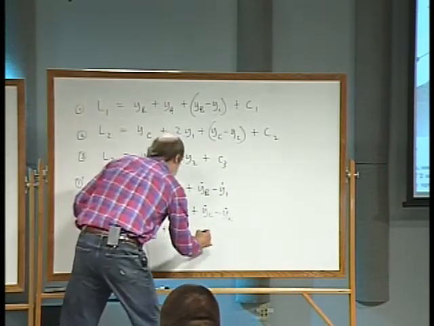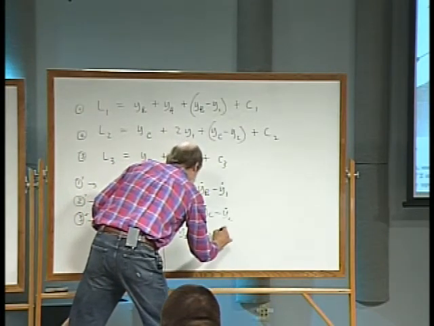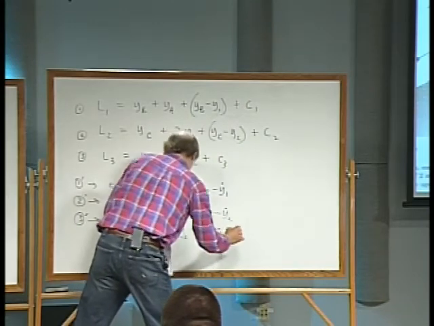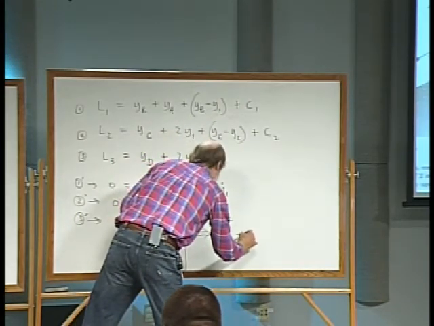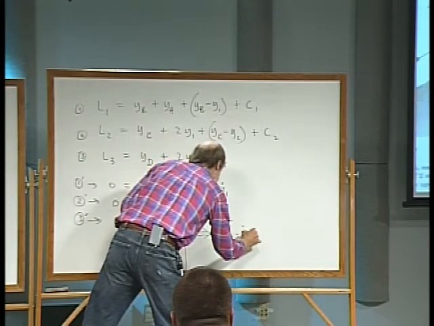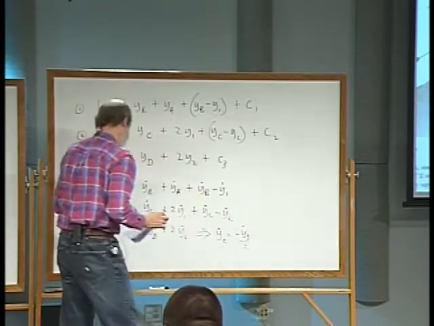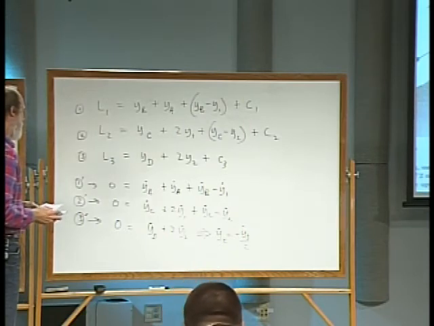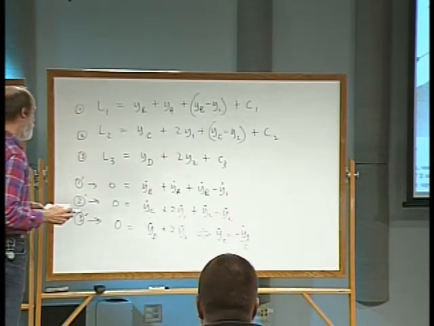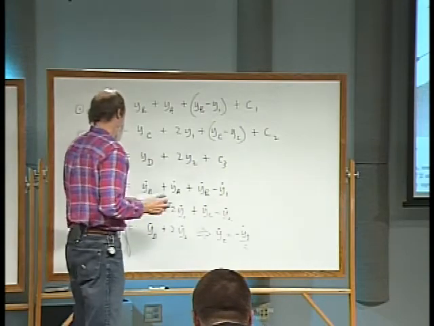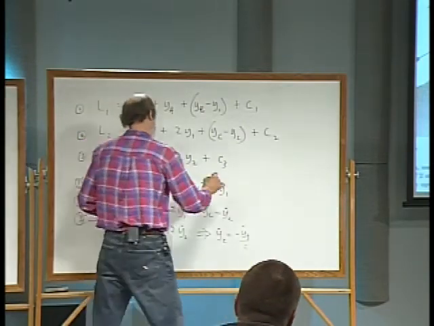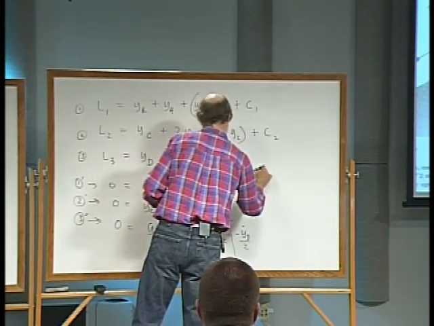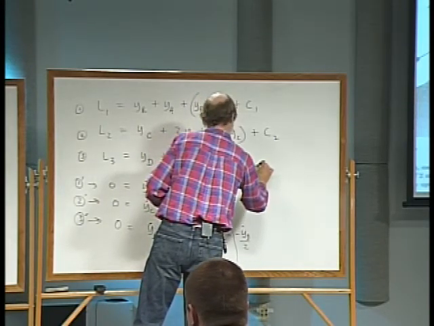So down here in our third equation, it implies that y sub 2 dot is equal to negative y sub d dot over 2. We could take our first equation and solve it for y sub 1 dot. This is looking messy fast.